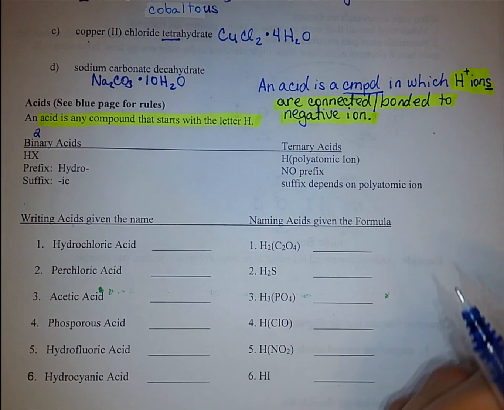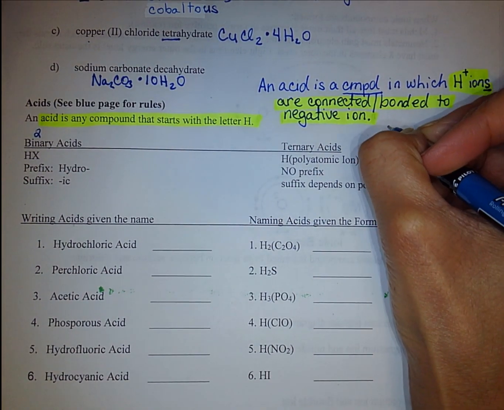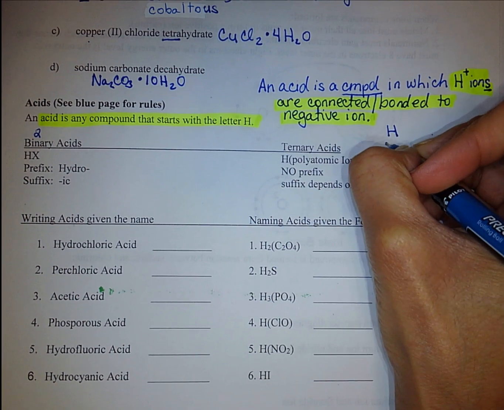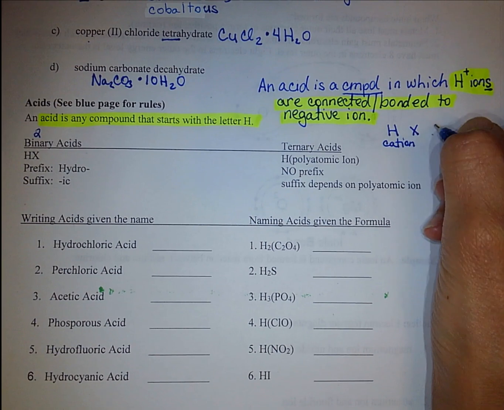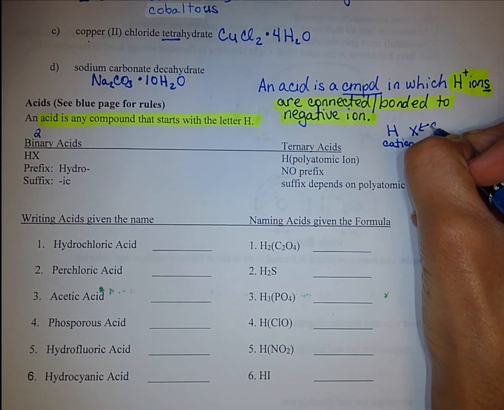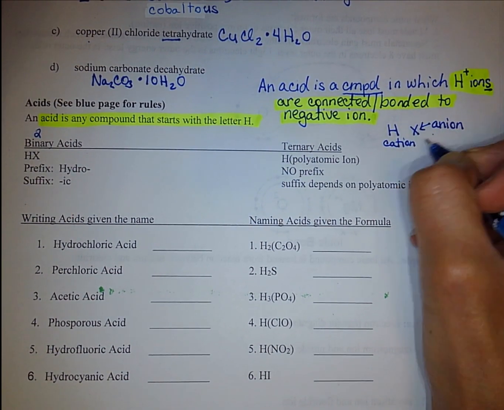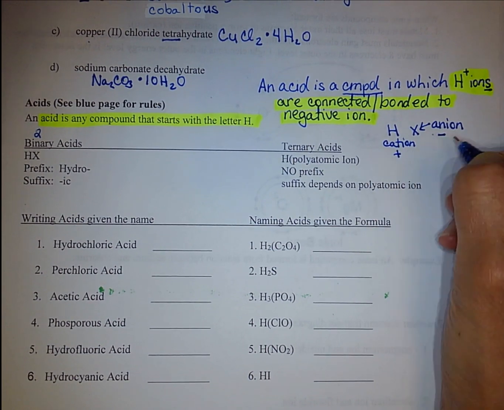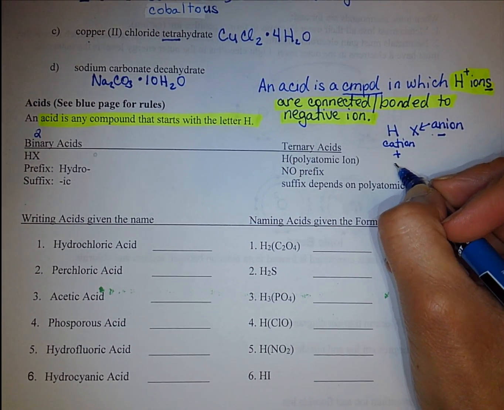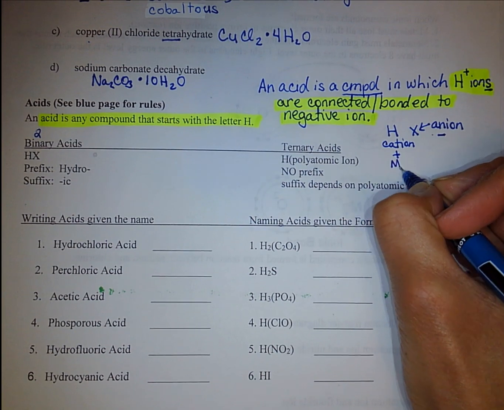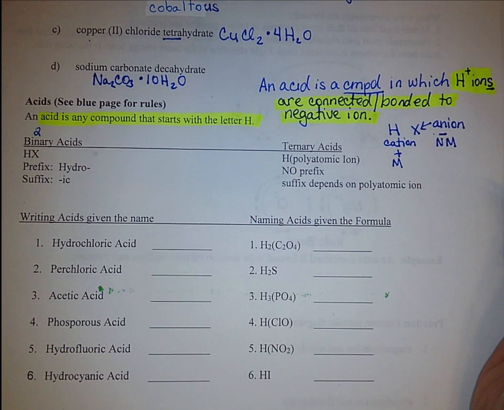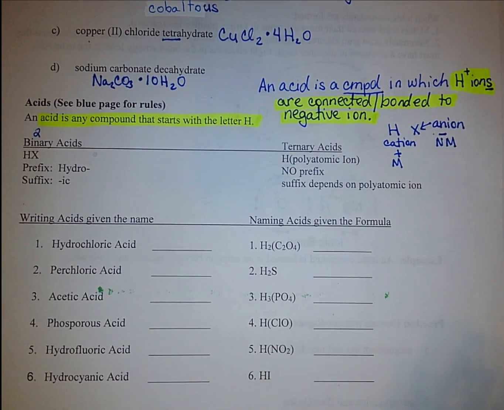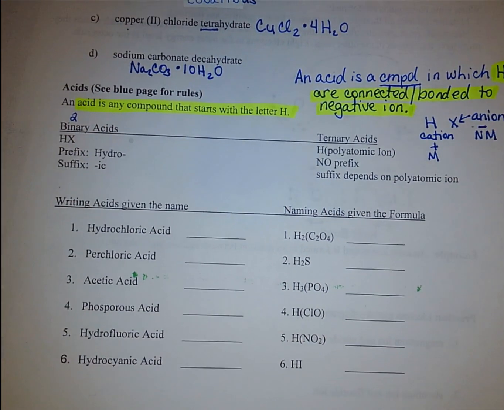So in other words, you have hydrogen, that is a cation, and you have X, whatever that X value is, the anion, okay? This is the positive, this is the negative. Usually keep in mind that your cations are your metals and your anions are your non-metals that you have on the periodic table.